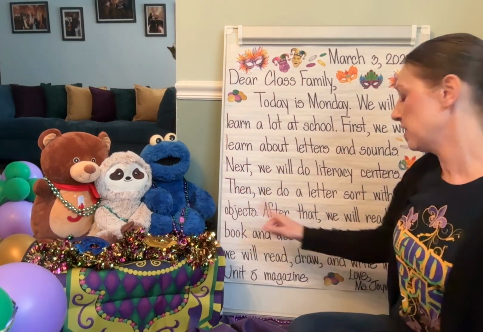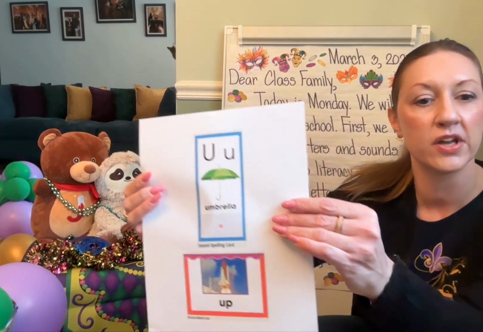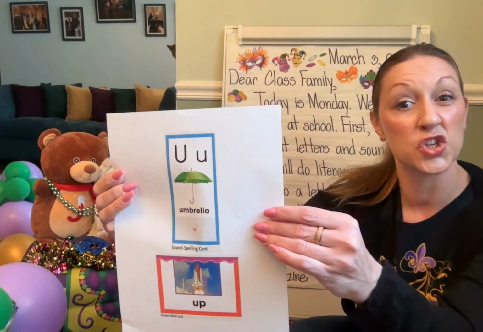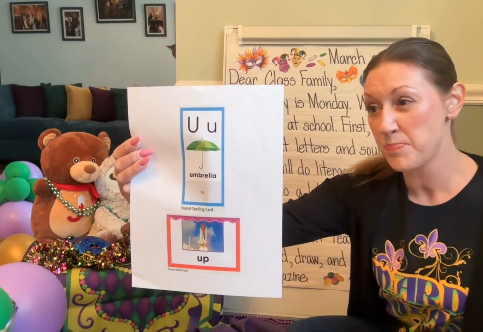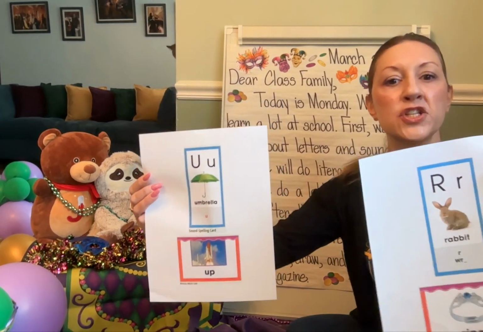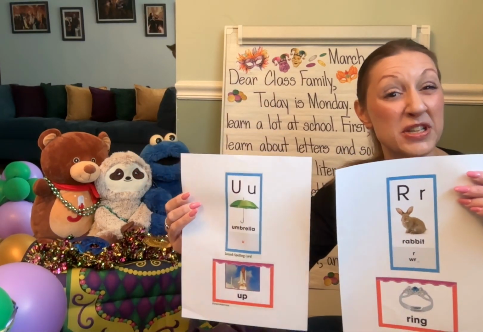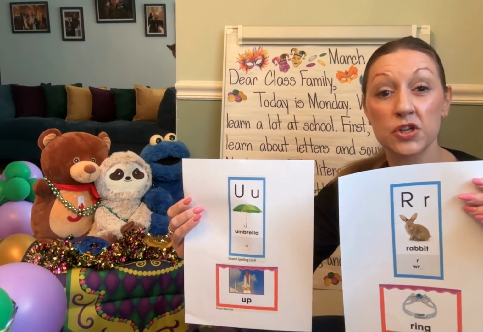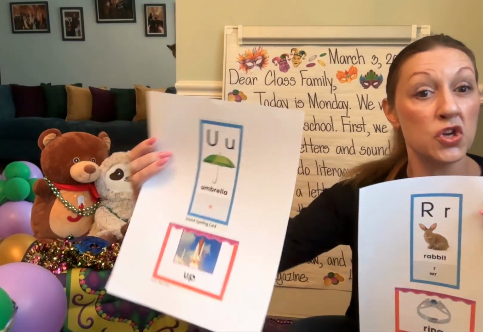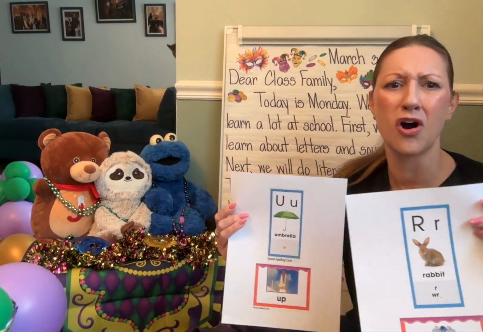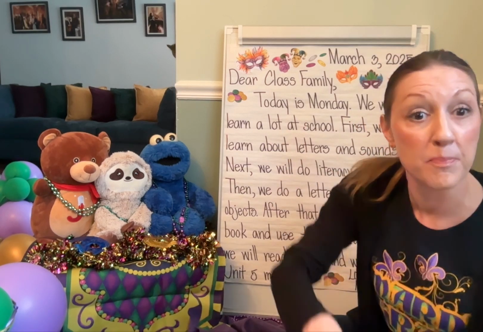All right, then we'll do a letter sort with objects. We were working on the letter U, like U, up, and umbrella, and R, like R, rabbit, and ring. We're going to do a letter sort. We have objects that start with U and objects that start with R. We're going to put all the objects together and drumroll. We're going to pick an object.